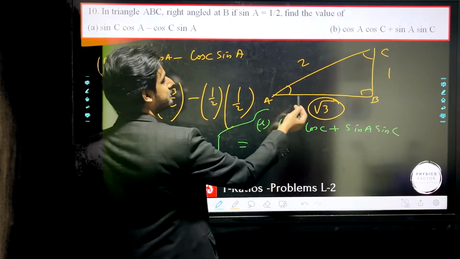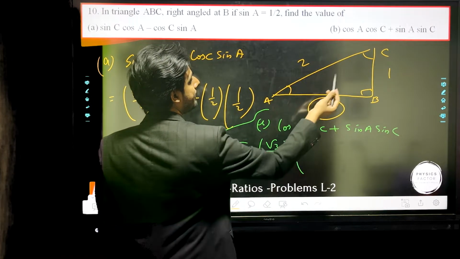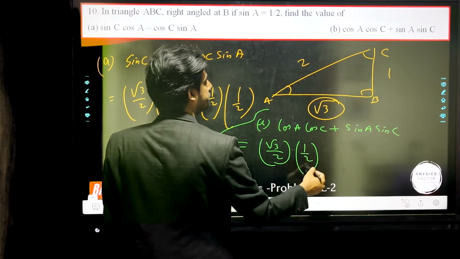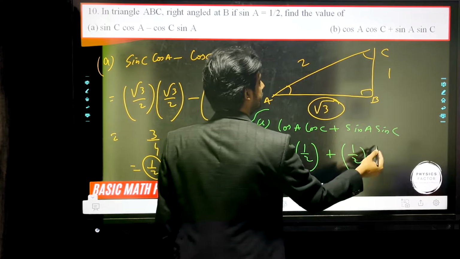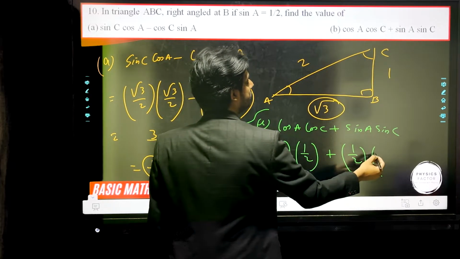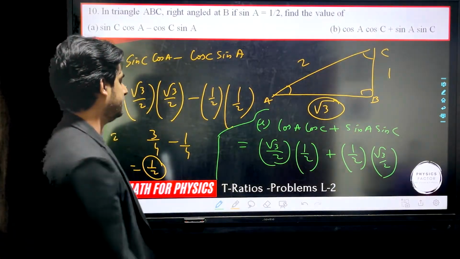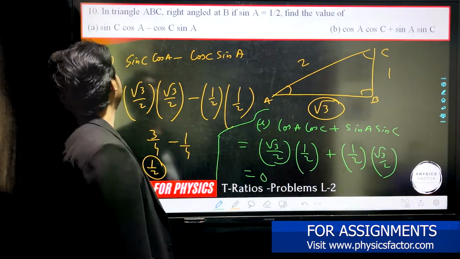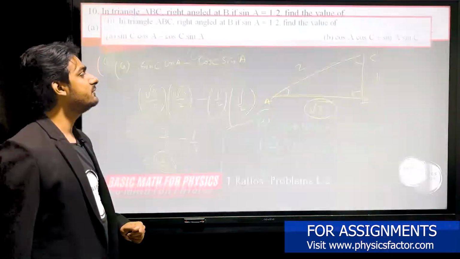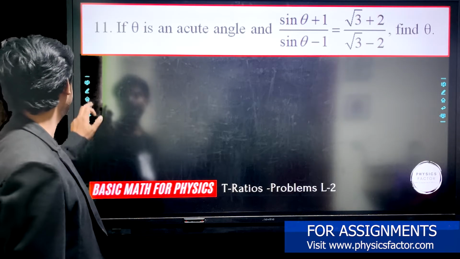So cos A value is root 3 upon 2 and cos C is 1 upon 2 plus sin A is opposite 1 upon 2 and sin C is root 3 upon 2. I think this will get cancelled. Yes. So answer is 0. Alright, so this is question number 10. Let's move to the next question. Question number 11. Okay.